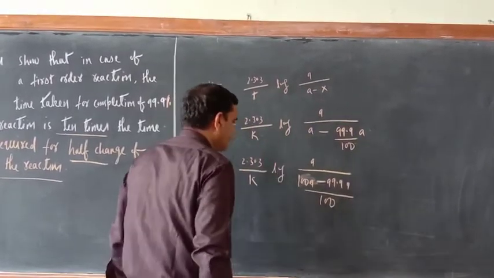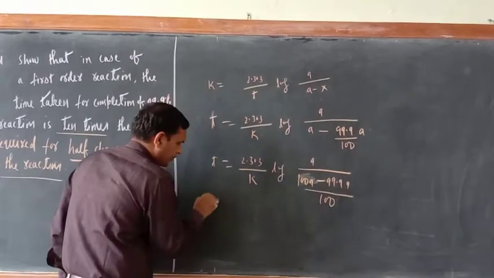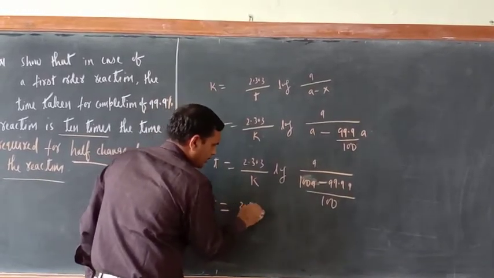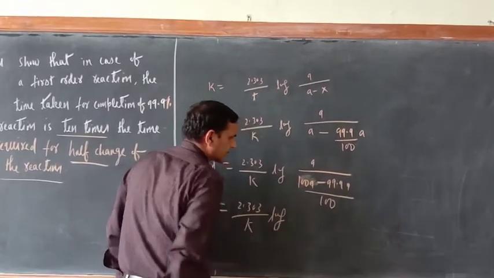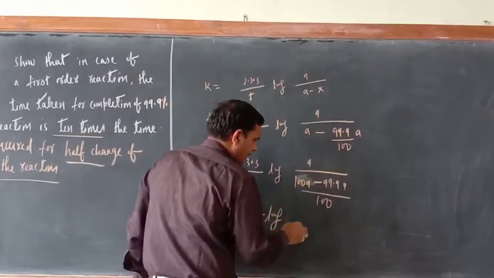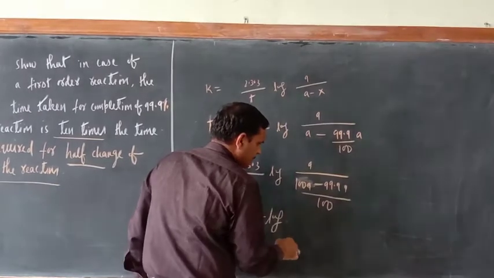So here t equal to 2.303 by k, log a by 100, and this would be equal to.